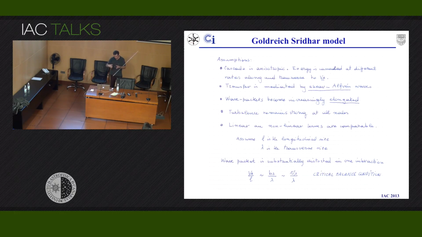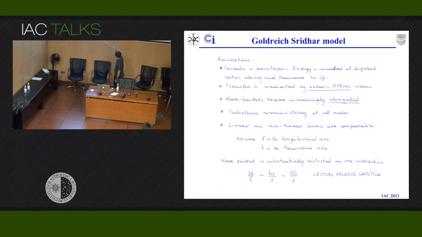So think of a wave packet as something like an elongated sausage that is about this long, L, and this wide, lambda. And they're going through each other. Splump. And the wave packet is substantially distorted in a single interaction. What does that mean? This is the time it takes for these two wave packets to go through each other, and so that has to be the same as the turnover time in the transverse direction.